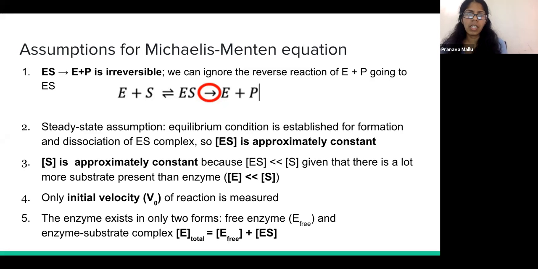What the steady state assumption refers to is that there's an equilibrium condition established in the above reaction such that the enzyme substrate complex concentration is approximately constant. So basically, the reaction that forms the enzyme substrate complex is in equilibrium with the two reactions that dissociate the enzyme substrate complex.